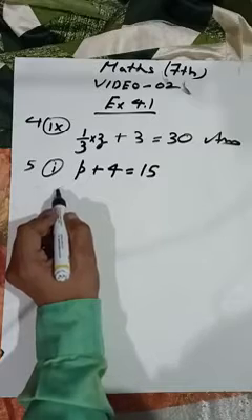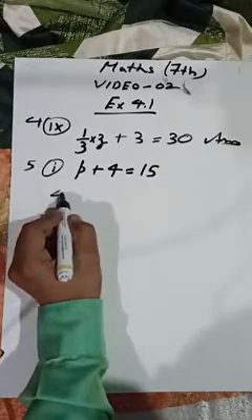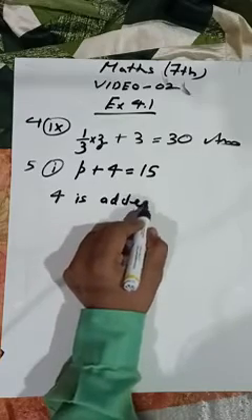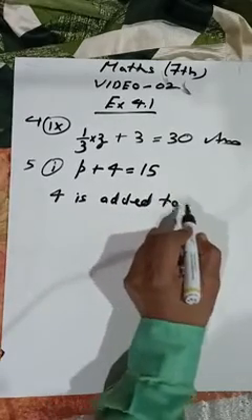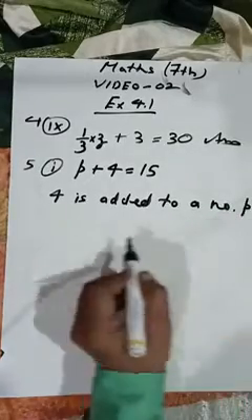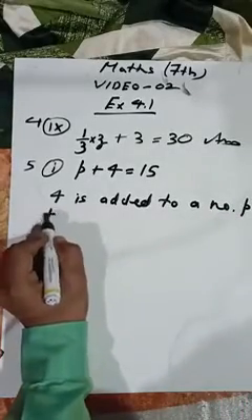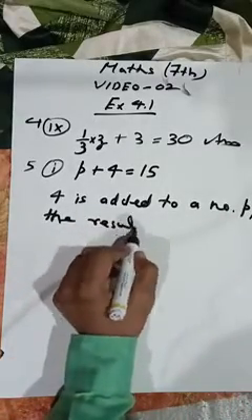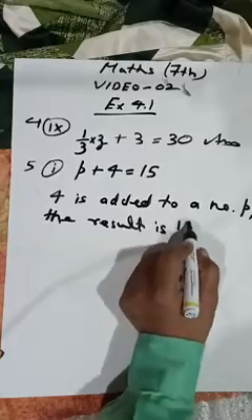So we can write that 4 is added to a number p, the result is 15.